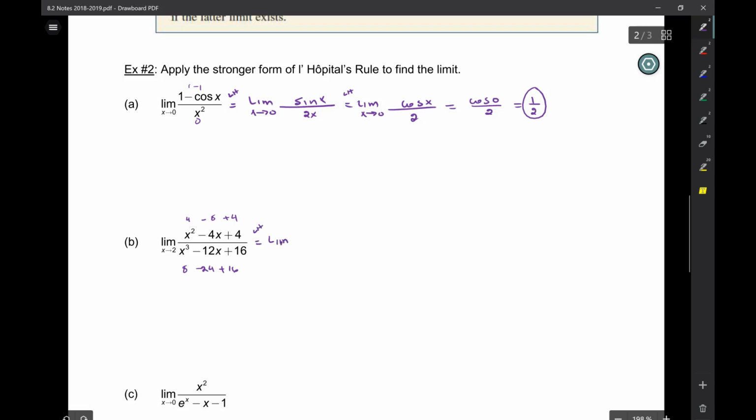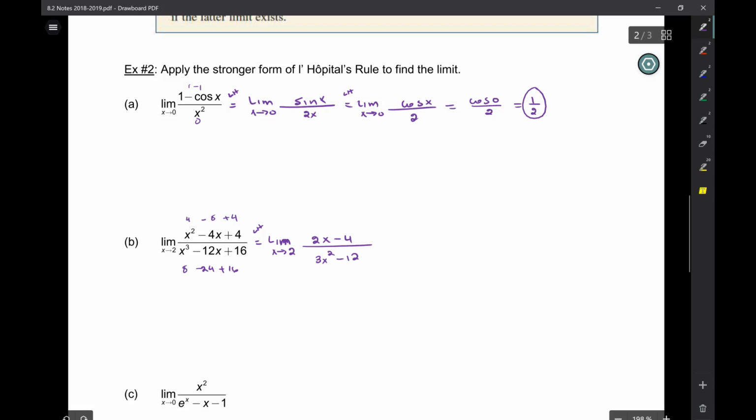This is the limit as x approaches 2. So the reason why I have this one in there is, don't think it's only for those rational ones, or the square root ones, or the sine or cosine ones. 2x minus 4, 3x squared minus 12. You got to do it again. Now when you plug in the 2, you get 4 minus 4.